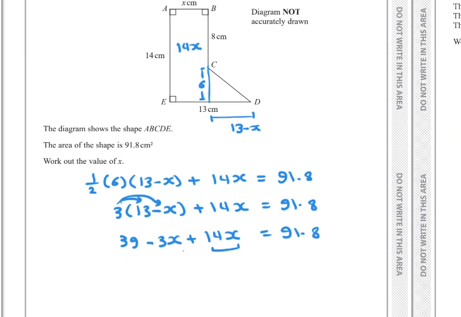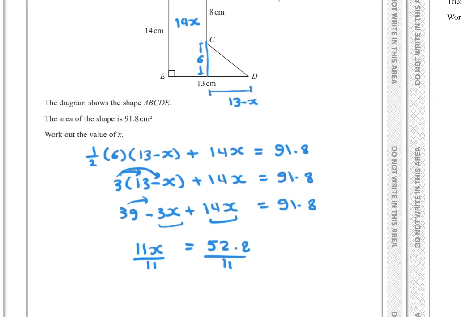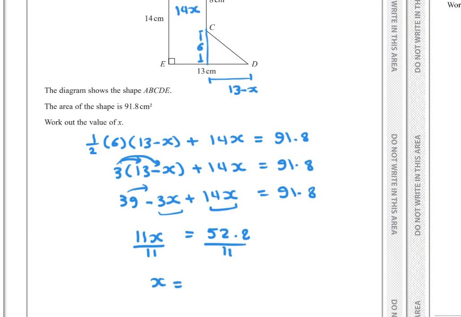Combine the like terms, negative 3 and 14, so 11x. And transpose 39 to the other side, so 11x equals 91.8 minus 39, which equals 52.8. Then divide by 11, so x equals 4.8 centimeters.